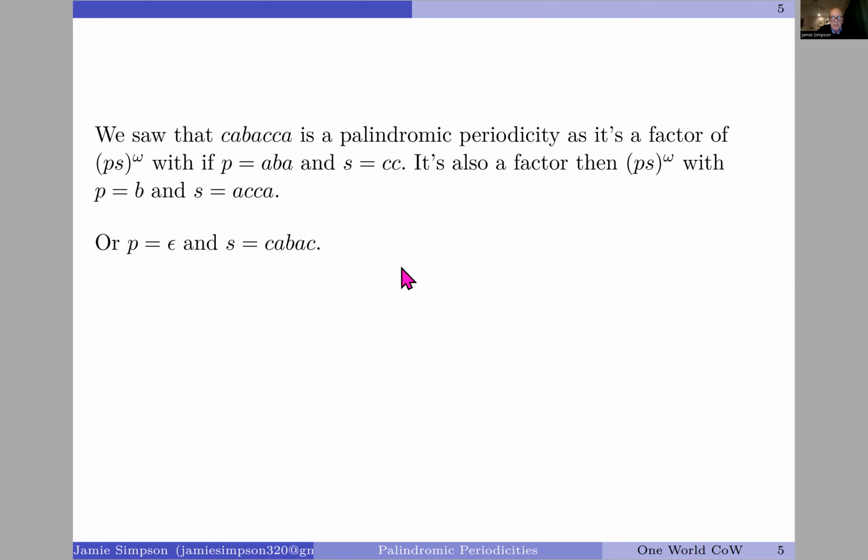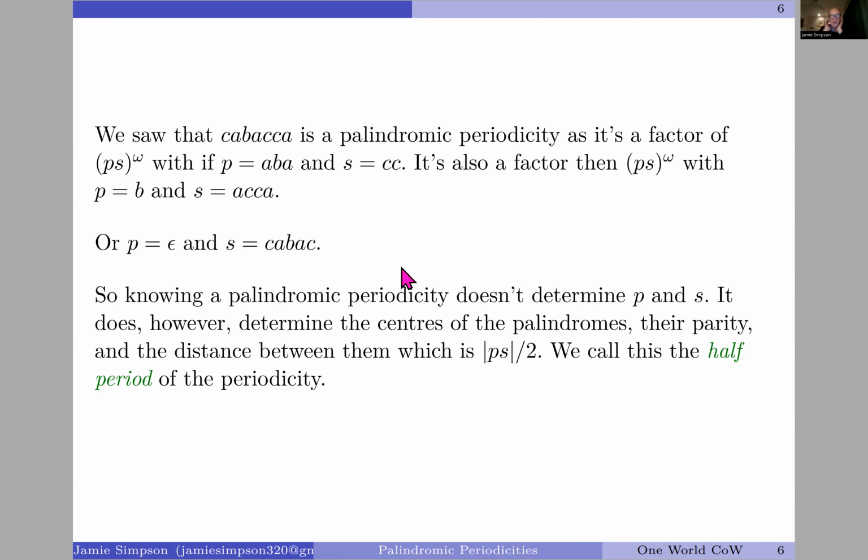What this means is that knowing the periodicity doesn't determine what P and S are. However, the two things that it does determine are the centers of the palindromes: the center between the two C's, and between, and coinciding with the B, and also coinciding with the epsilon in the last case.